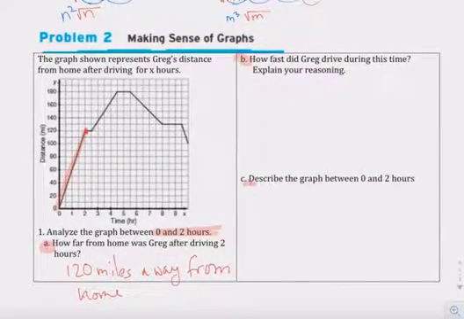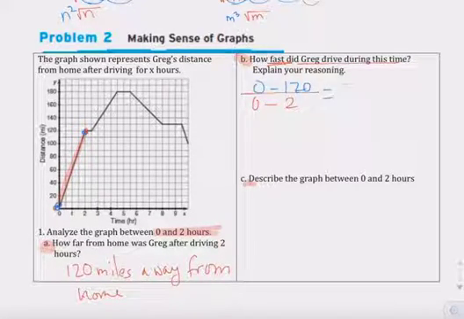How fast did Greg drive during this time? Speed is the rate of change. He went from 0 hours to 2 hours. At 0 hours, he drove 0 miles; at 2 hours, he drove 120 miles.